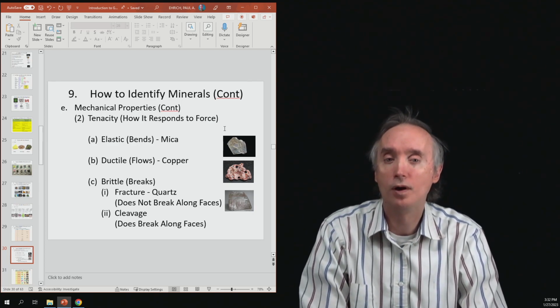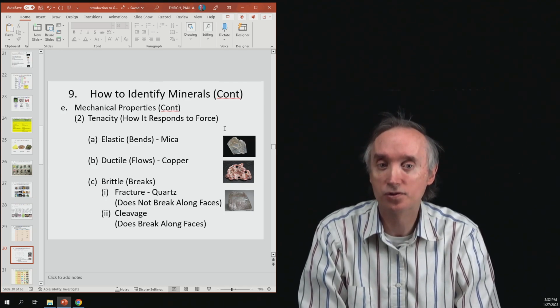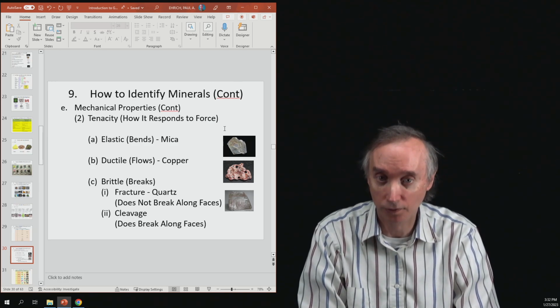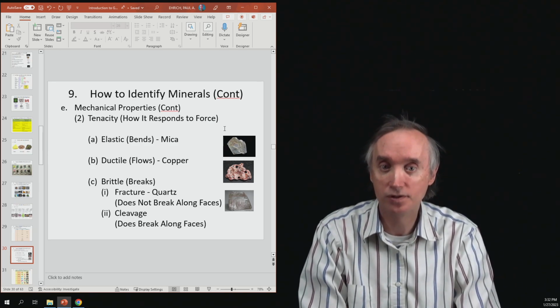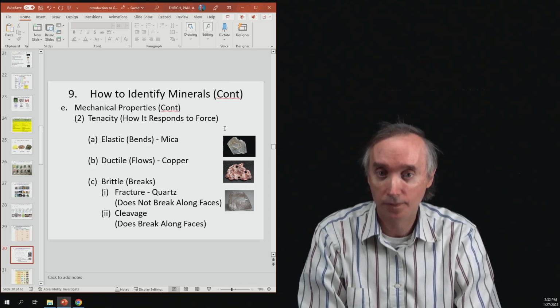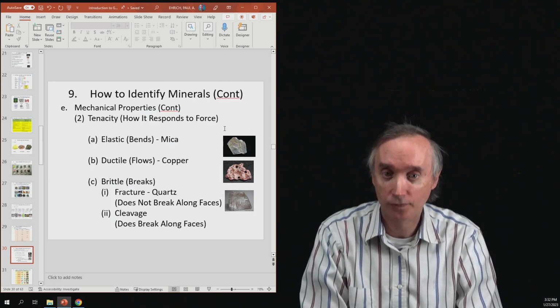And one way that they break is that they will break along certain lines of weakness in the mineral, and then that's going to produce different kinds of faces of the mineral. And so that's going to be called cleavage.